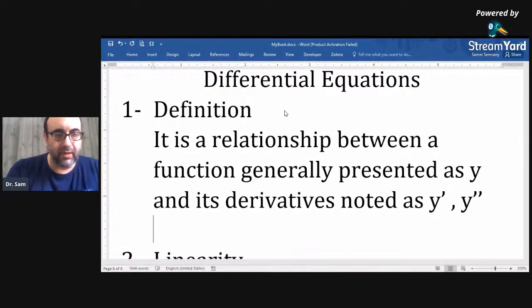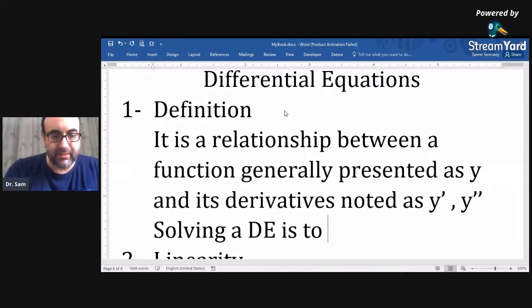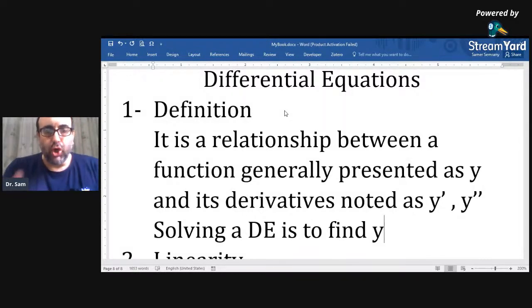So solving a differential equation is to find y. So that is the definition of a differential equation.